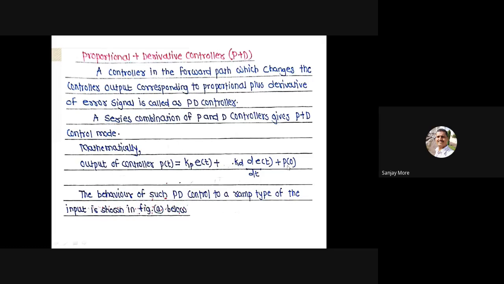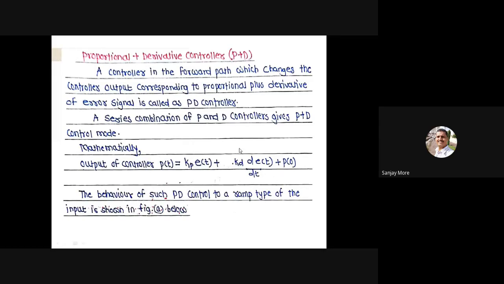This is the derivative controller, and proportional plus derivative controller means output of proportional controller plus output of derivative controller.